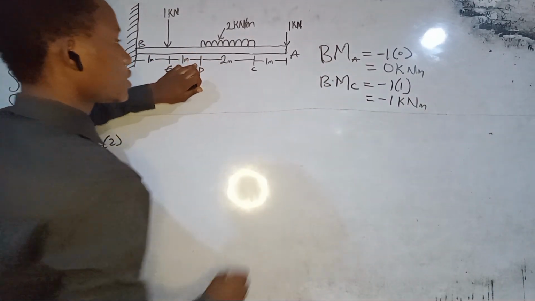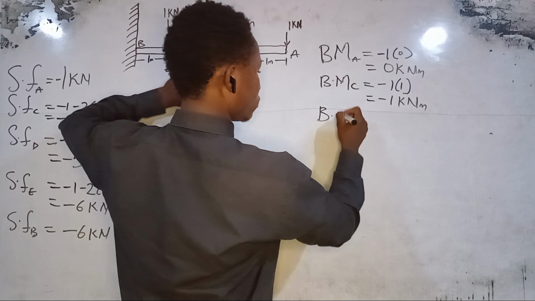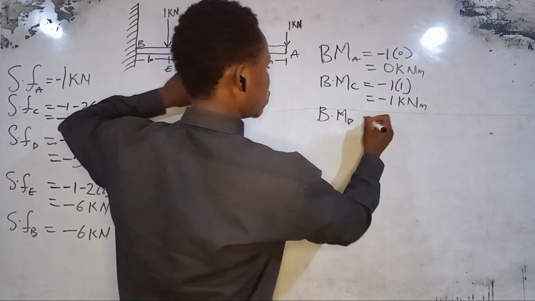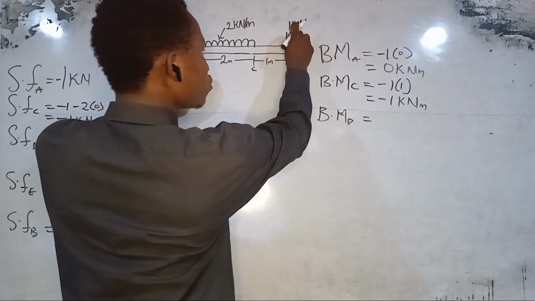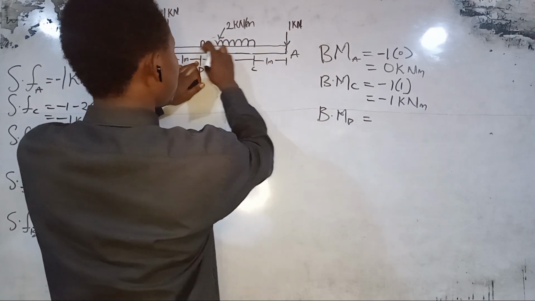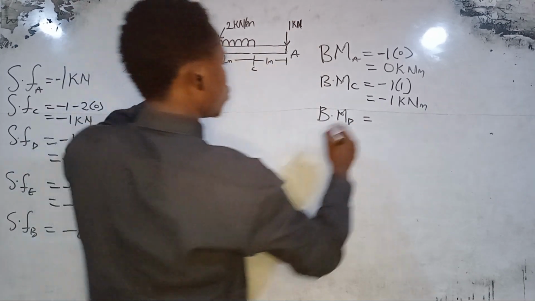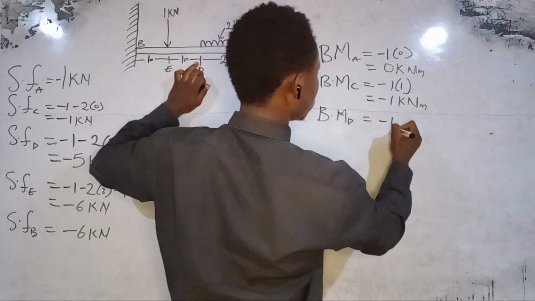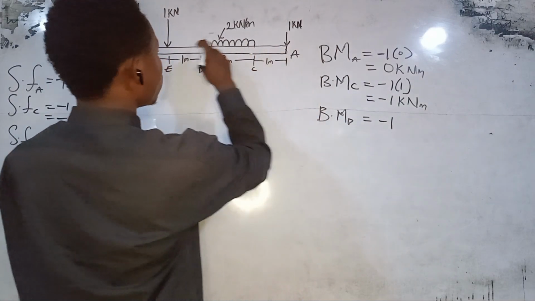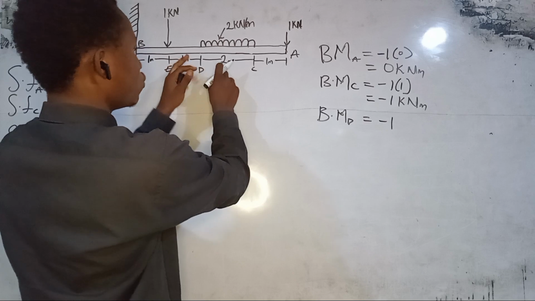And the bending moment at D will be equal to this one here times the distance from here to here. So it will be minus 1 times, what is the distance? We have 1 plus 2, which is 3.